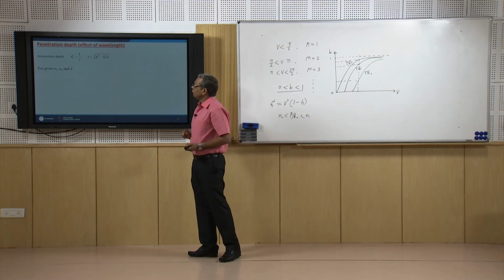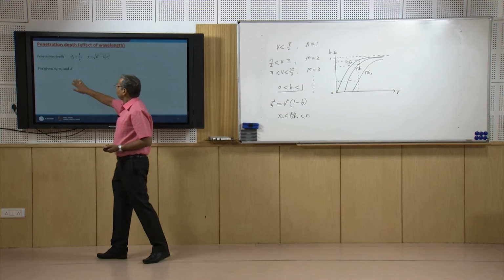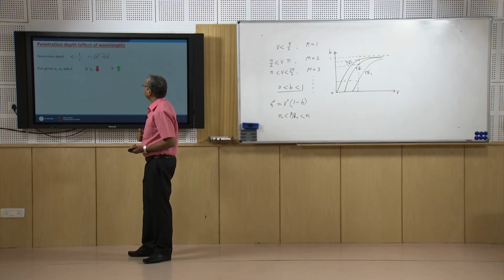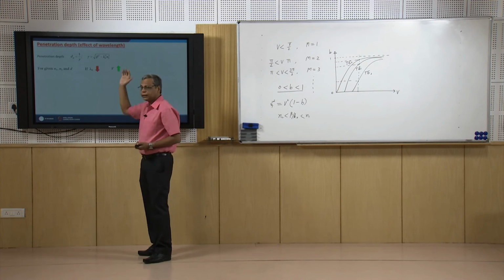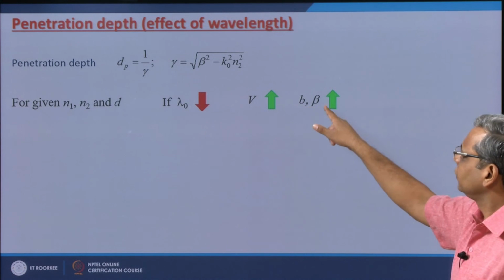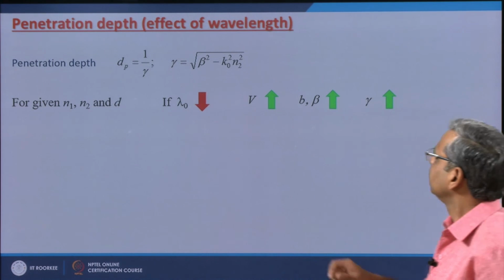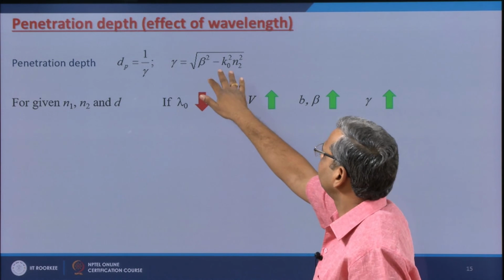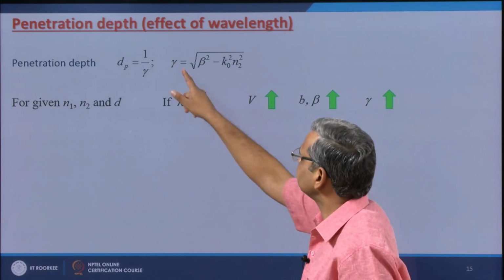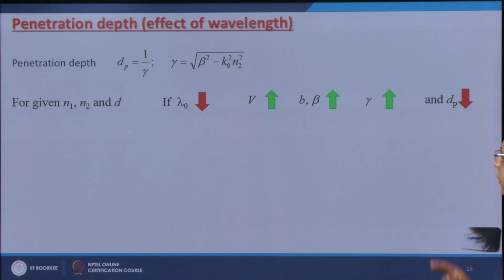What is the effect of wavelength? For a given waveguide, if I decrease the wavelength, then I am increasing the value of V, which means I am increasing the value of propagation constant. If I am increasing the value of B, that is beta square minus k naught square n2 square increases, gamma increases, so penetration depth decreases.